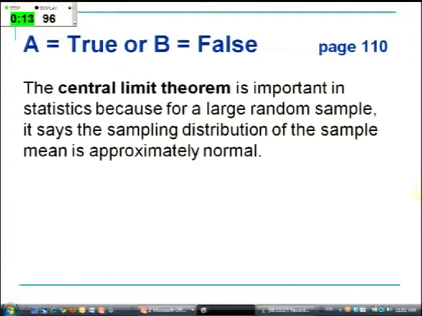Part A is up and ready for your answers. If we stopped after that first part, the central limit theorem is important in statistics. Yes, that's true, for sure. And does the rest describe what the CLT is?